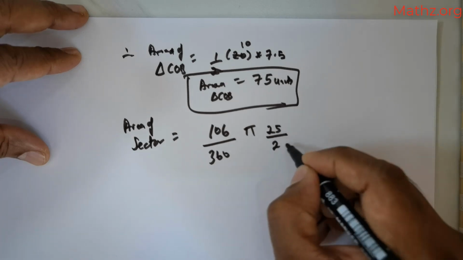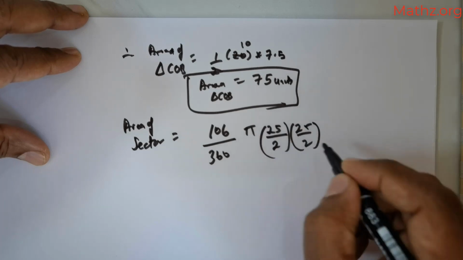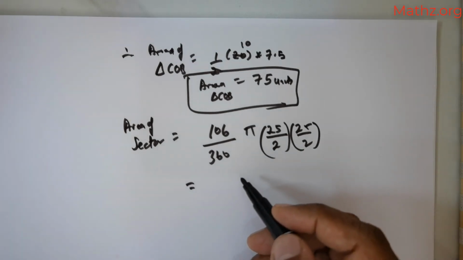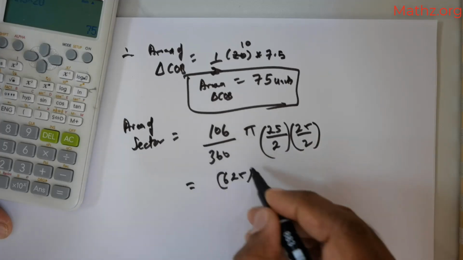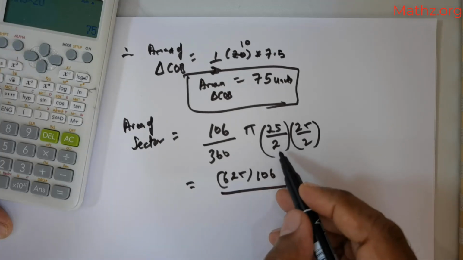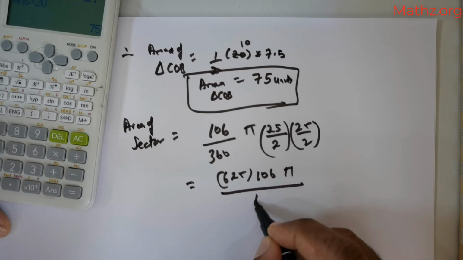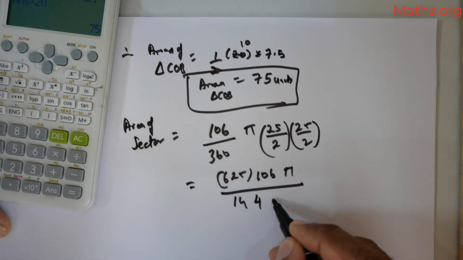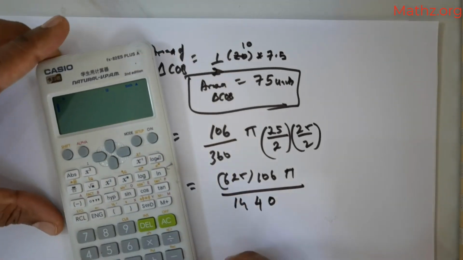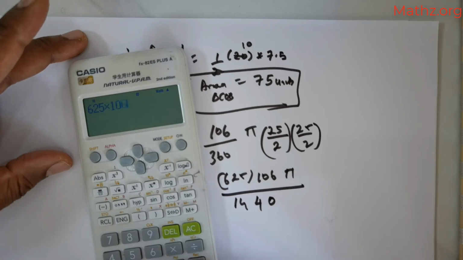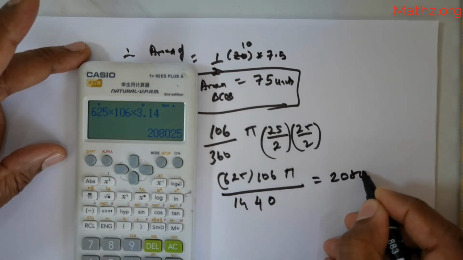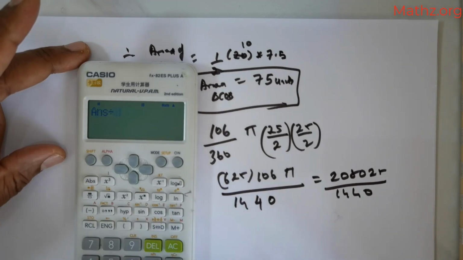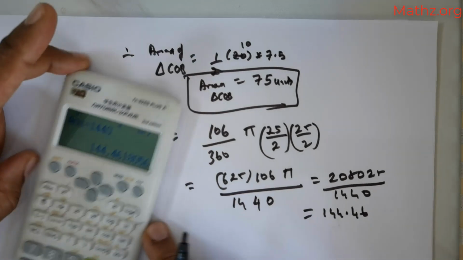The radius we have found to be 25 over 2, multiplied twice. Now we can directly multiply everything: 25 into 25 is 625, times 106, times pi, and 2 times 2 is 4 in the denominator. So I'm going to multiply 625 by 106 by 3.14, divide by 1440, and that gives me 144.46. This is the sector area.